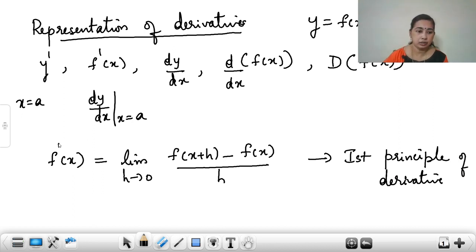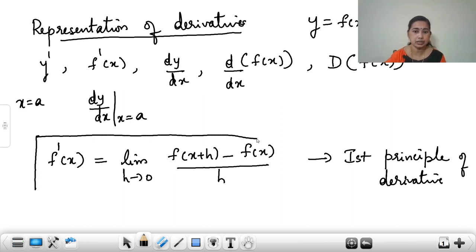How we get this formula is not asked or given in the textbook. If you want, I can discuss it, but it is not used anywhere in your exam. It is not exam oriented. You only need to study this result. This method we call first principle.